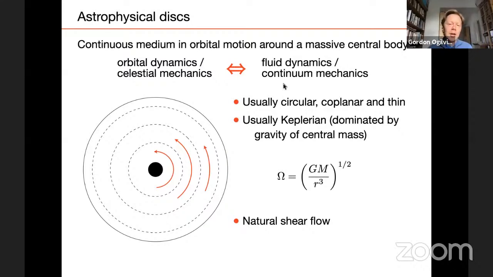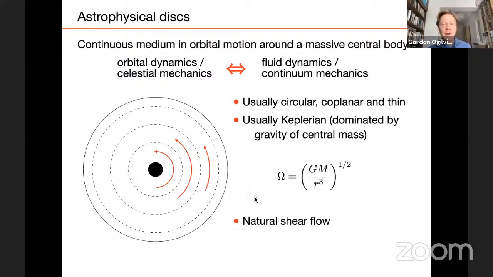Astrophysical disks are usually assumed to be circular, coplanar, and also thin. And indeed, they're usually Keplerian, meaning that they're dominated by the gravity of the central object rather than that of the disk itself. So this means that the angular velocity of the circular orbital motion in a standard Keplerian disk is given essentially by Kepler's third law and decreases outwards in this way.